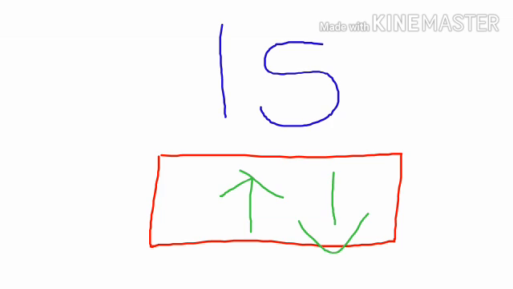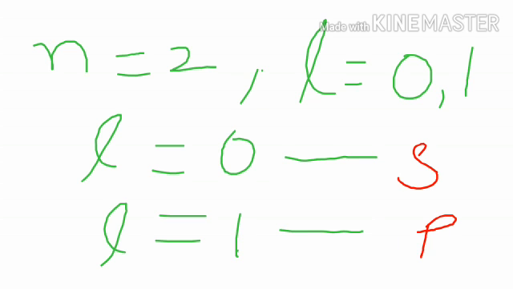Two electrons. One is clockwise, another one is anti-clockwise. That means in the first orbit we have s subshell with two electrons maximum. That means the first orbit contains a maximum of 2 electrons. Second example, you take n equals 2, that means second orbit.